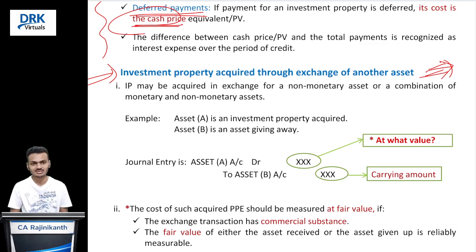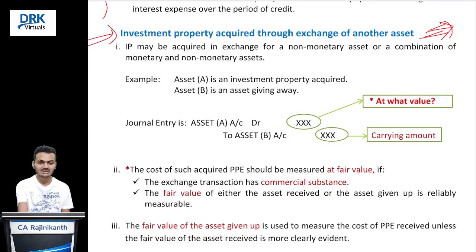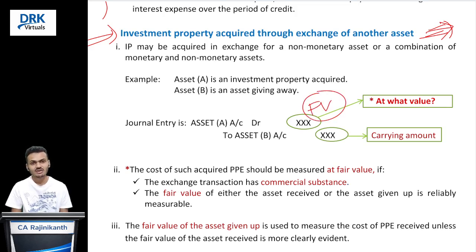We are simply exchanging. So the standard is saying that firstly we need to check whether this exchange transaction has commercial substance or not, and whether the fair value of either of these two assets can be measured reliably or not. If the answer is yes, recognize the asset that we are acquiring at fair value. Fair value of either the asset given up or the asset that we are acquiring.